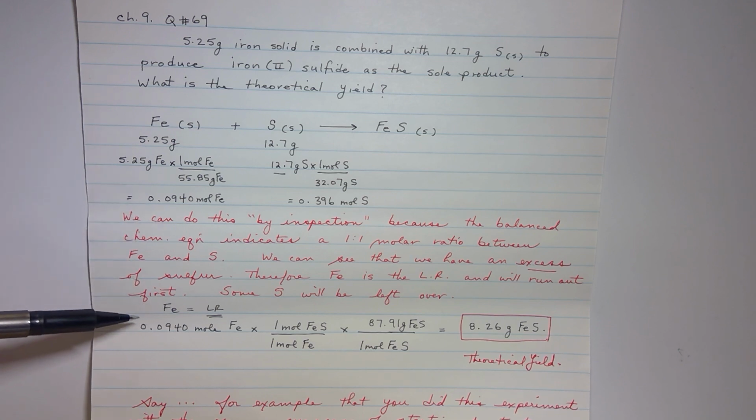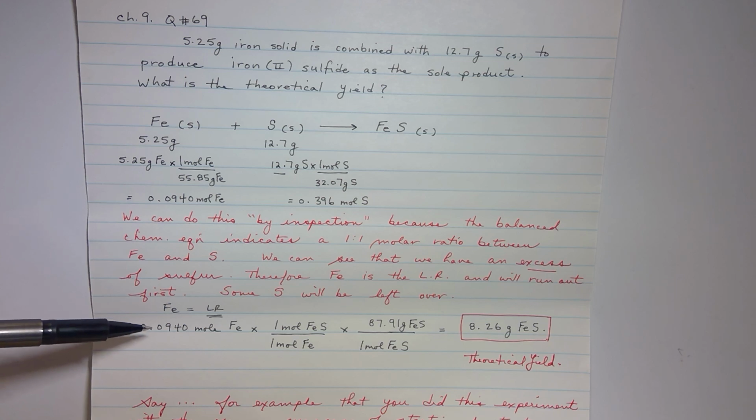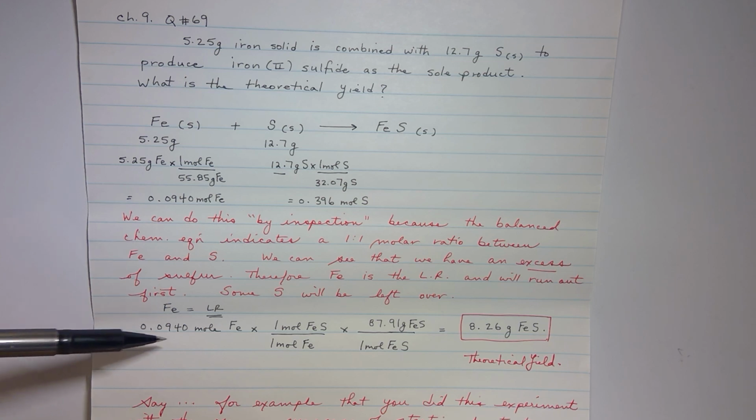And so I'm using the amount of iron to determine the amount of product. I will take that number of moles of iron and multiply by my conversion factor. I can see from the balanced reaction that 1 mole of iron sulfide is produced for every 1 mole of iron consumed.